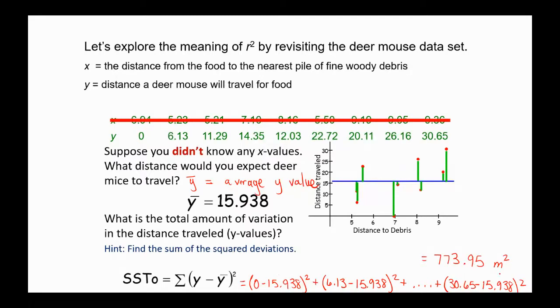So that's what your total sum of squares equals, and that's what goes in the first blank on page 16.